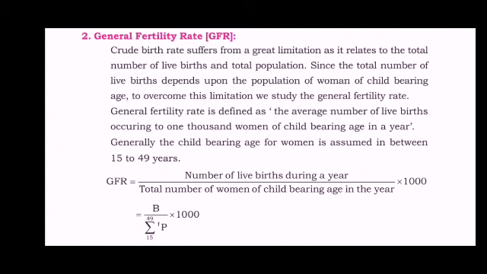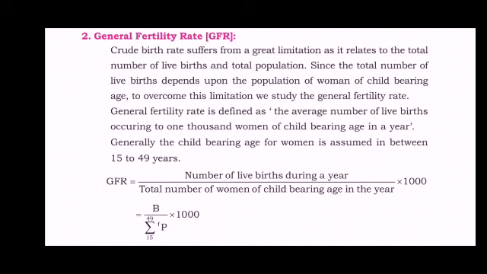They are considered in the calculation of this fertility rate. And the formula is GFR is equal to number of live births during a year divided by total number of women of childbearing age in the year into 1000.